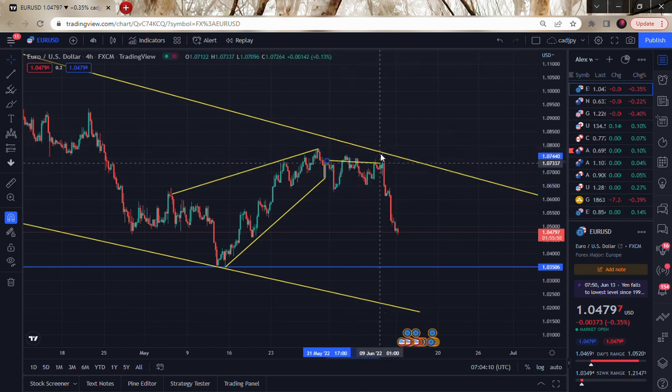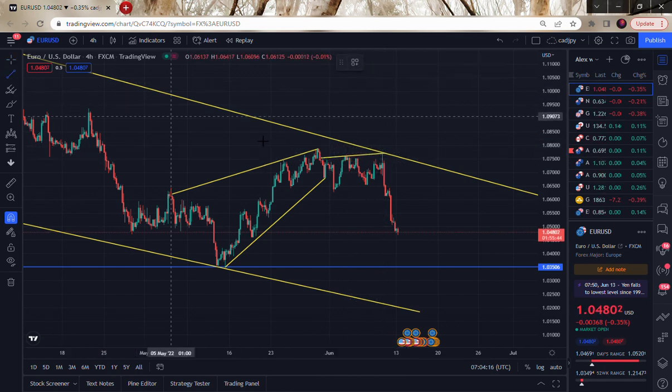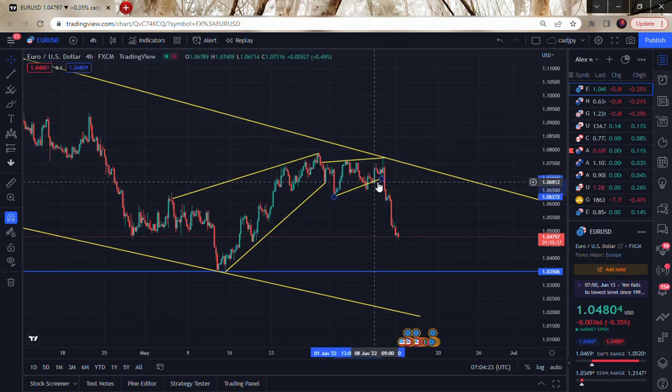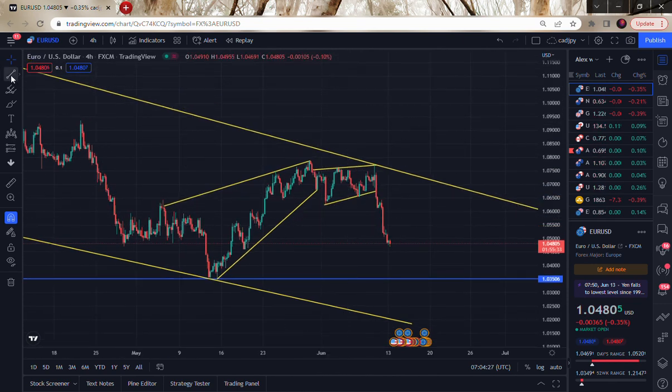We have the top of the correction as that, and then obviously we'll have the bottom of the correction, like that. There we go.